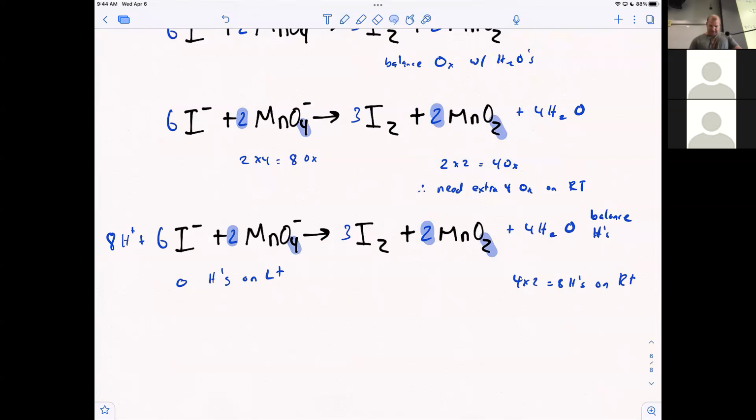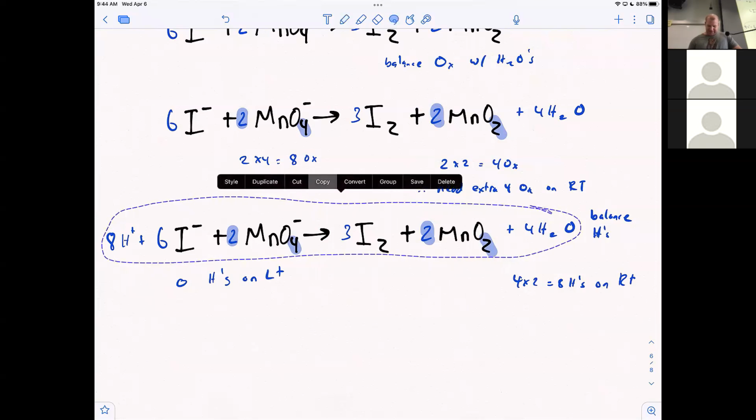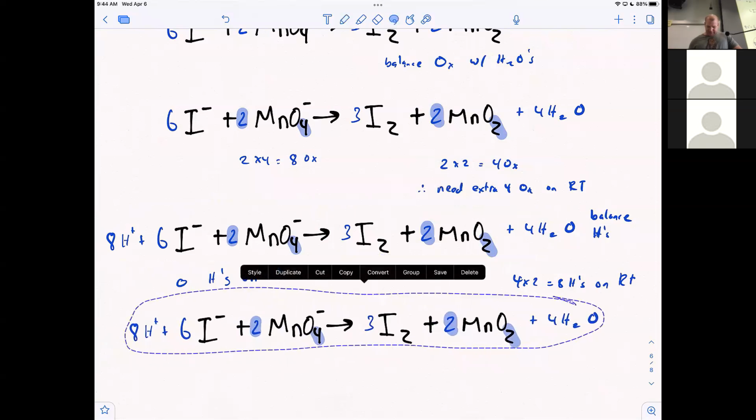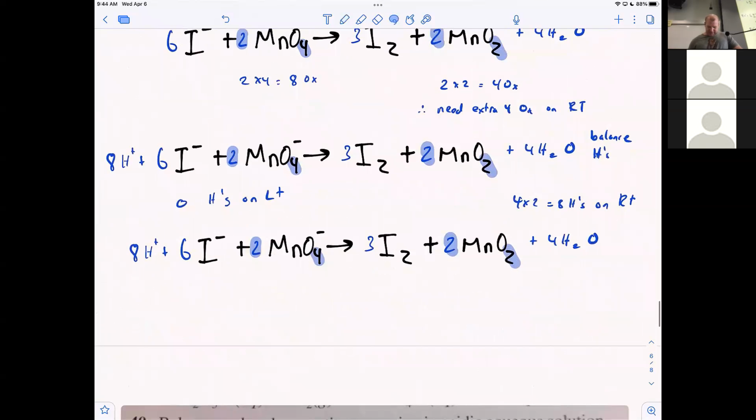So now the next step is, this is balanced for acid. Now for base, we need to neutralize. So how are we going to do this?